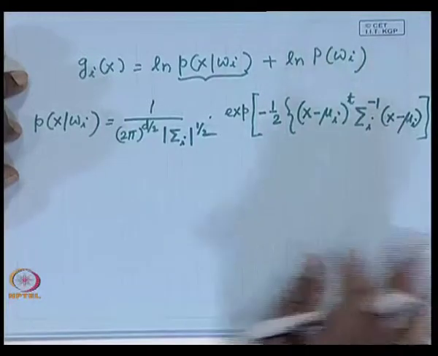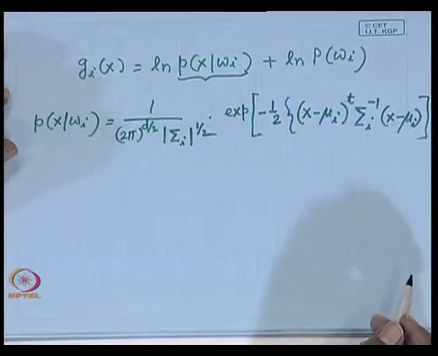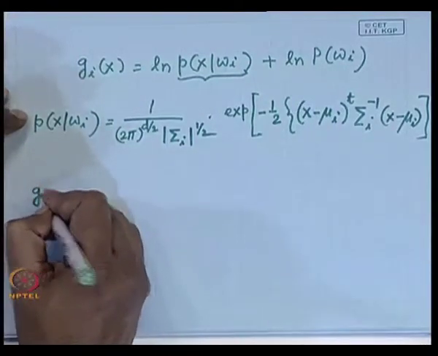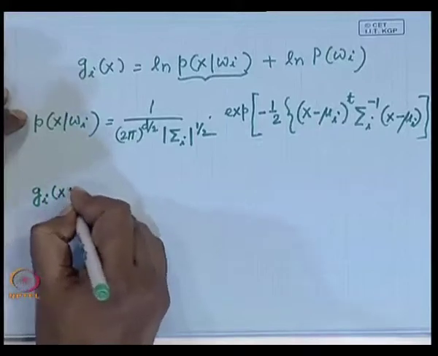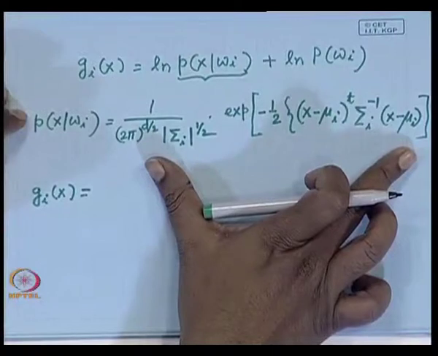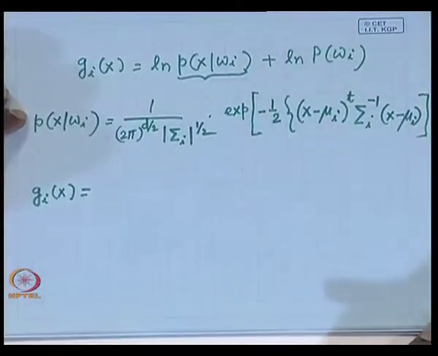Okay. So, by using this particular multivariate probability density function, now I can define g_i(x) to be logarithm of this term, okay, plus logarithm of p(omega_i), that is the a priori probability.